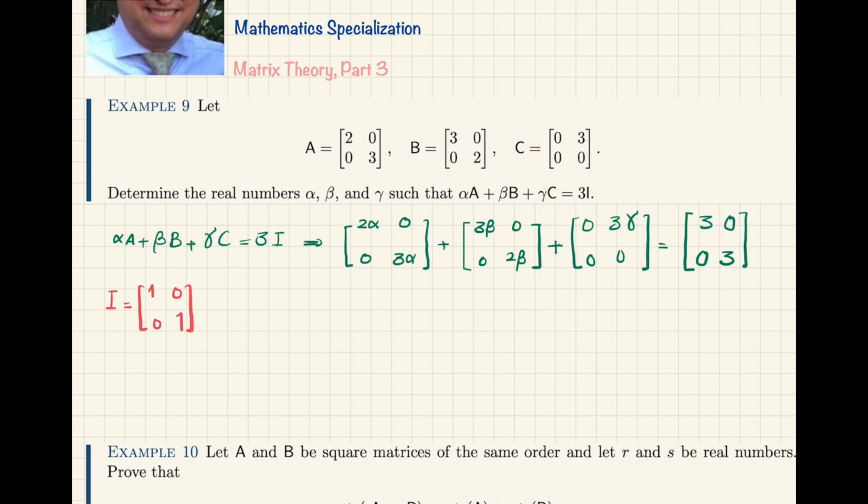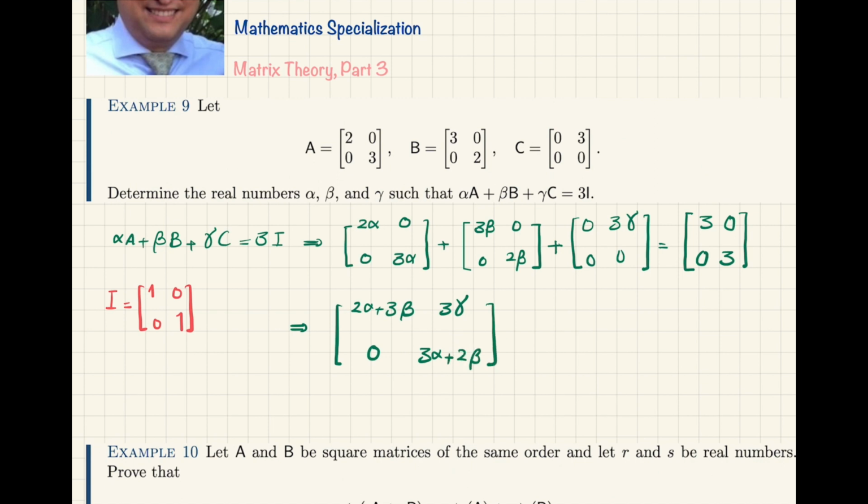Okay, and then what I can do, I can collect the left hand side into one single matrix. So this one plus this one plus this one becomes 2 alpha plus 3 beta, and then the next one becomes 3 gamma, the next one becomes 0, and the next one becomes 3 alpha plus 2 beta.